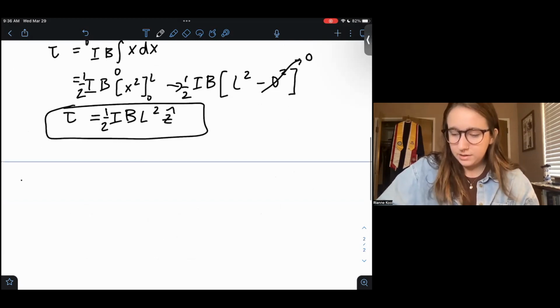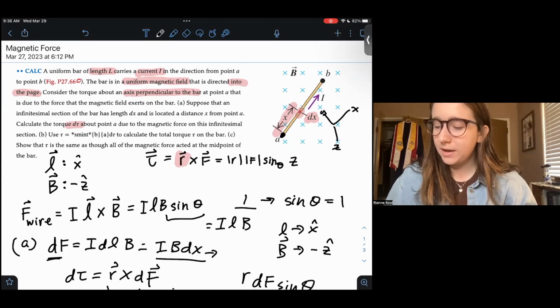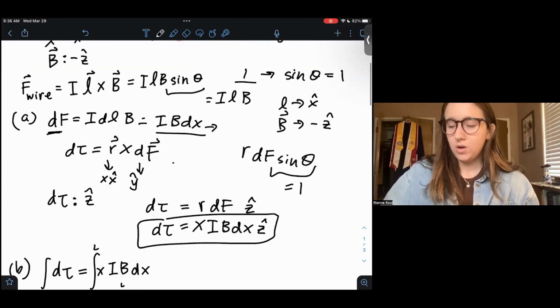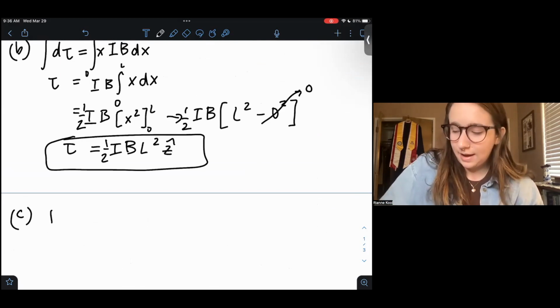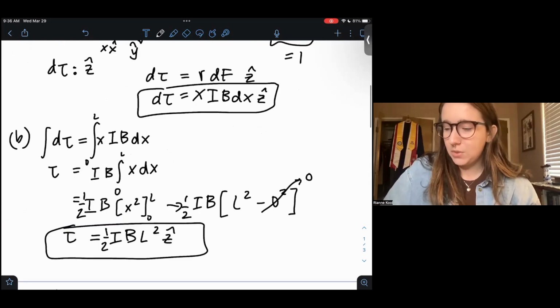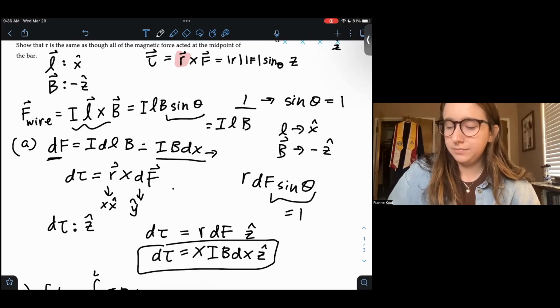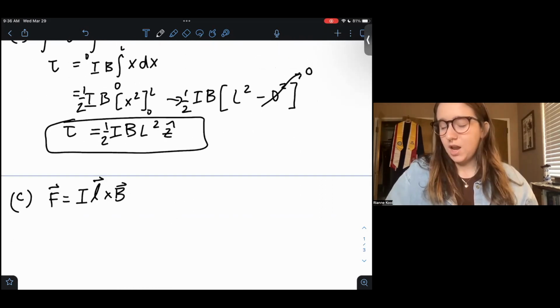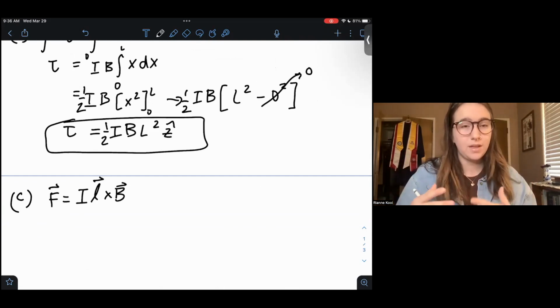So now let's do part C. It says, show that tau is the same as though all of the magnetic force acted at the midpoint of the bar. So we know that our total force is, going back up to this, we still have F equals I L cross B. And we already decided that L and B are perpendicular, so the sine between them is just 1.